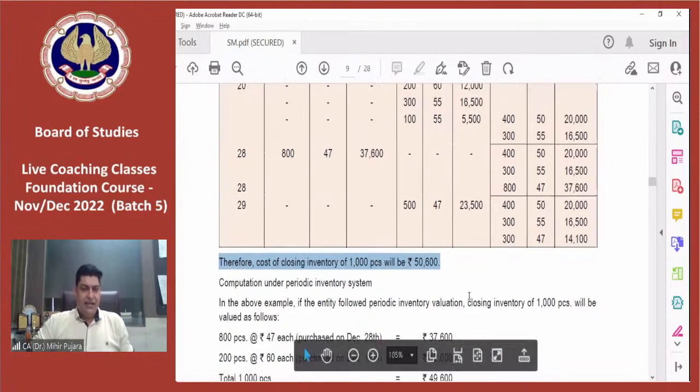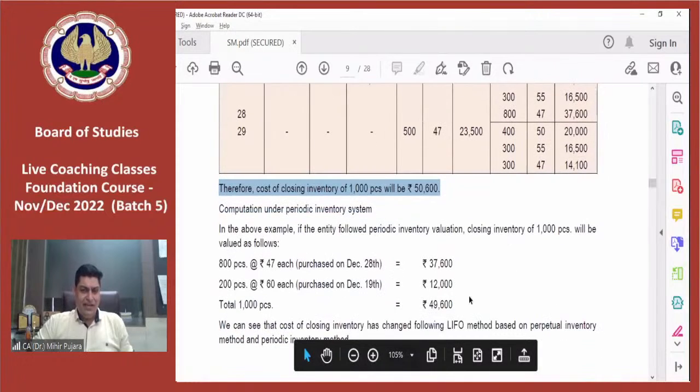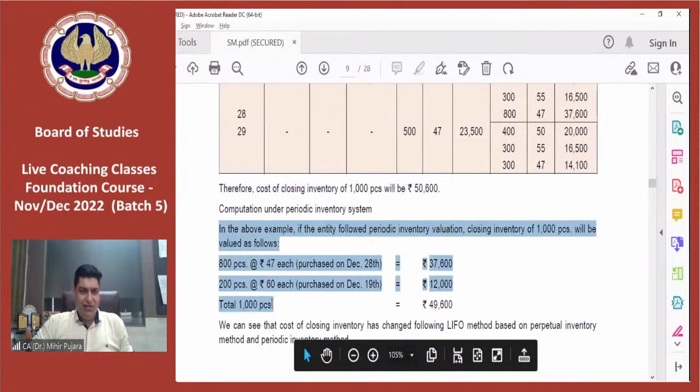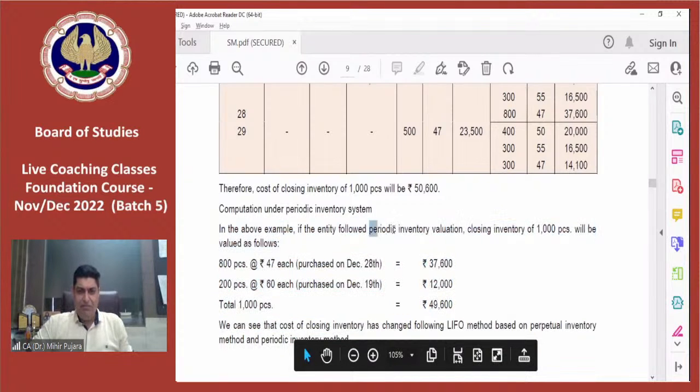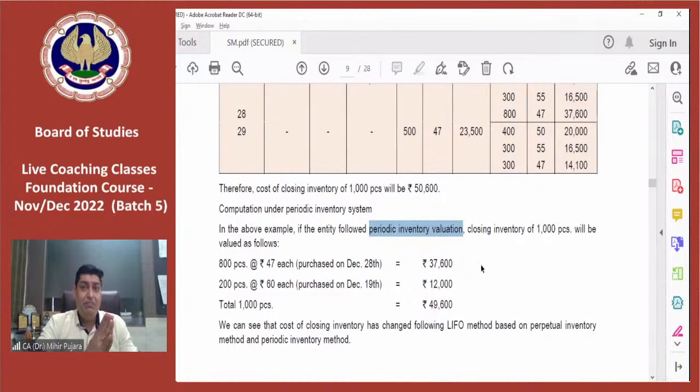Okay. Now it's a small calculation. It's not that important, guys. What they are saying is, if they are following periodic inventory, it means such registers are not maintained.